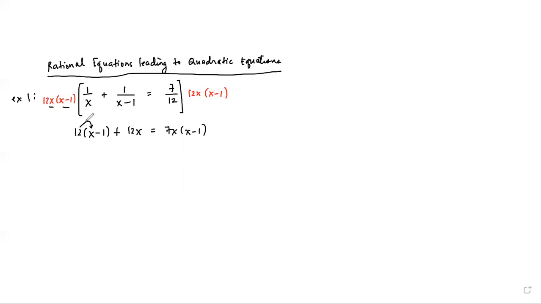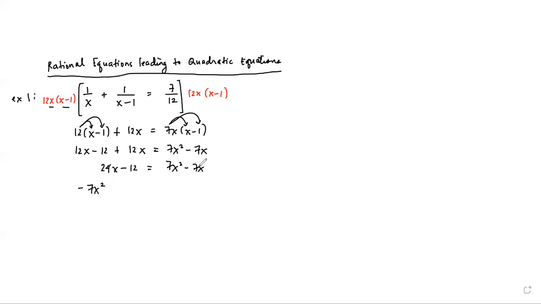So simplifying this equation, we get 12x minus 12 plus 12x is equal to 7x squared minus 7x. And then combining like terms on the left side, we get 24x minus 12 equals the right side, 7x squared minus 7x. Now transposing everything on the right side to the left side, we get negative 7x squared.